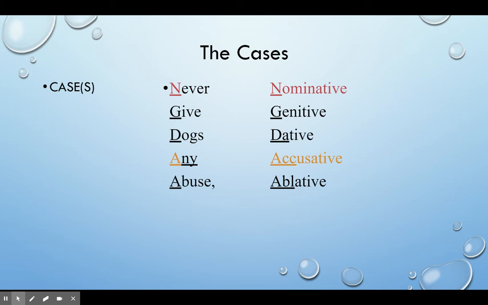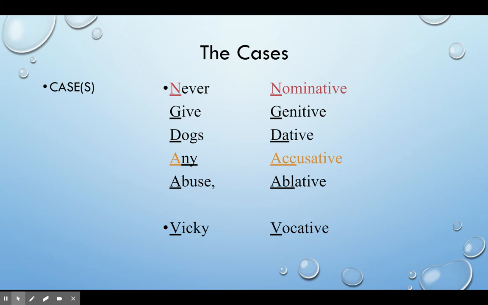in order. Now, one other thing I'm going to make note of is that there is another case which we will be talking about and making use of pretty regularly when we go forward. It is called the vocative case.